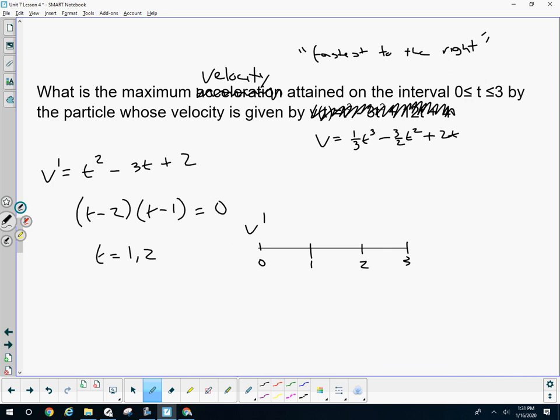Positives, negatives, positives? 2 to 3 are positives, 1 to 2 are negatives, 0 to 1 are positives.